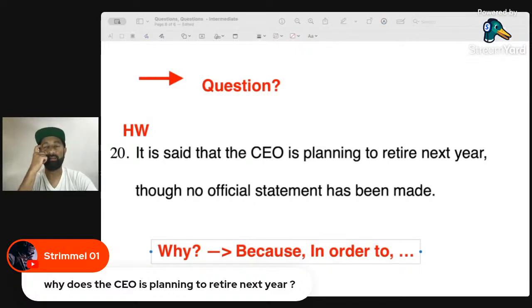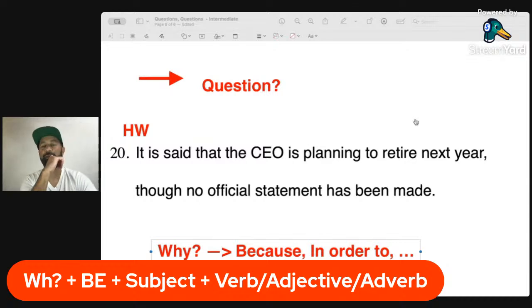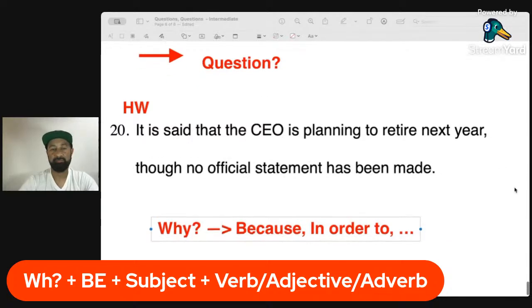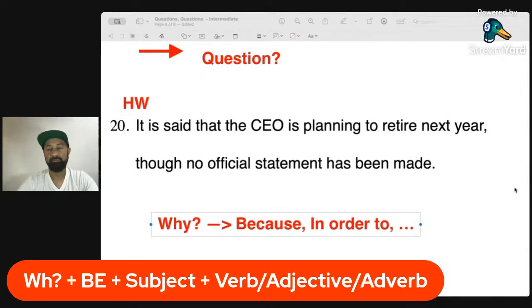Strimmel, how about when? If you use the question word when and this pattern, that might work. So give it a thought, Strimmel.